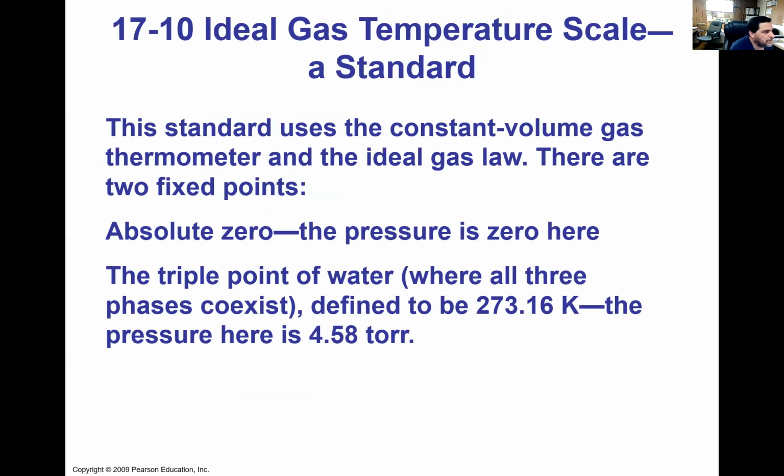Ideal gas law, temperature scale, and standard. The standard uses the constant volume gas thermometer and an ideal gas law. So there are 2 fixed points. You have absolute 0, right? And the pressure is 0 at that spot. You can find what is called the triple point of water, where all 3 phases can coexist.